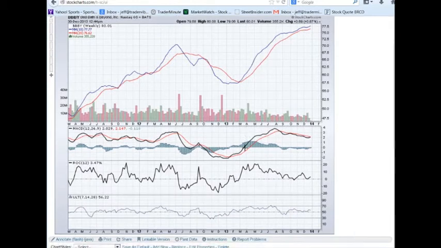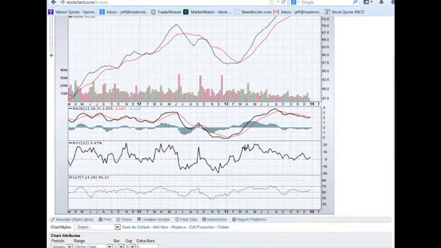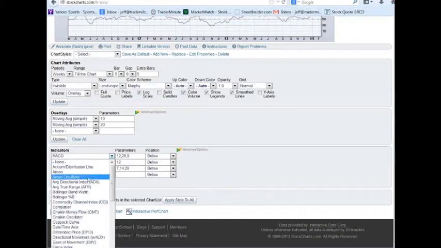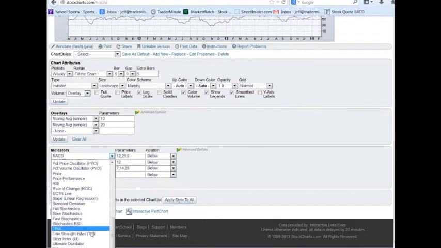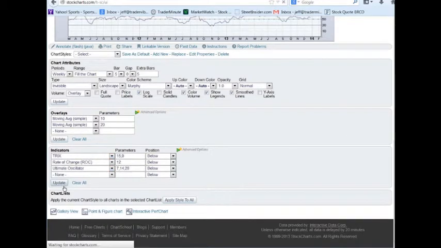Now, if we take a look on a weekly basis, we can take a little bit more out of the overall trends here on the ultimate oscillator, but I don't think any more than what the MACD and the rate of change already give us. In the momentum indicators, there's a lot more of them. You have things like the ADX, you have things like the TRIX here, which is a pretty good long-term indicator.